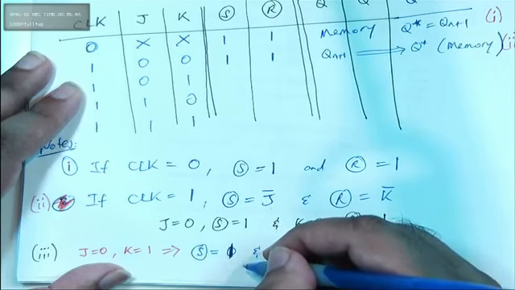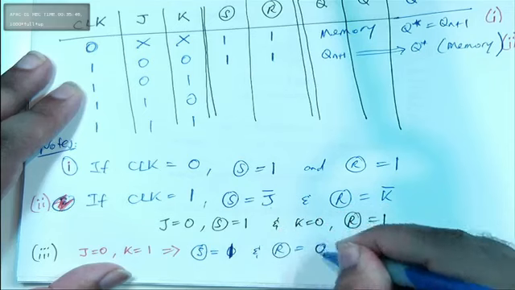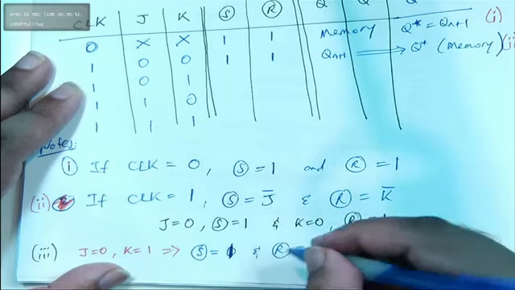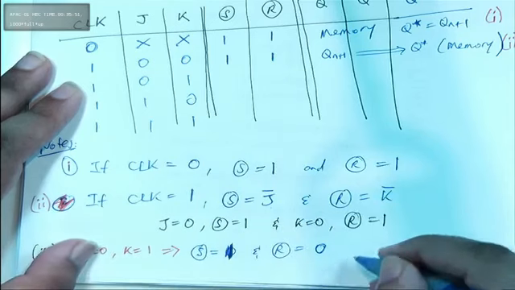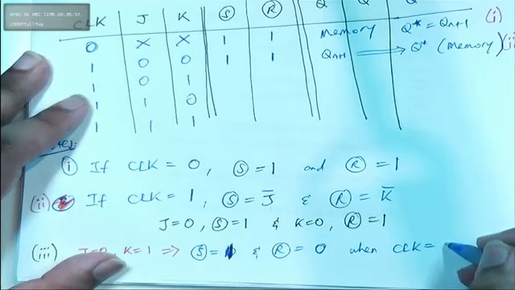And R circle is equal to 0. Set? Everyone happy? That's just doing the bars, because we know when clock is equal to 1.